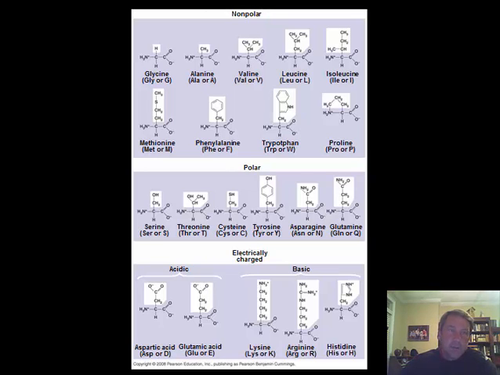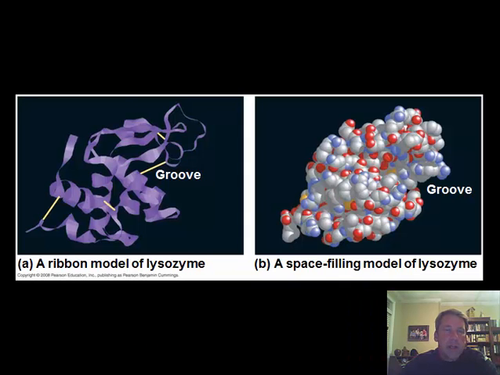Now these can be just simple small structures, the proteins that is, with just a few amino acids, or they can be very large structures with lots and lots of amino acids taking on elaborate shapes. And so they can have coils, they can have folds, they can have twists.